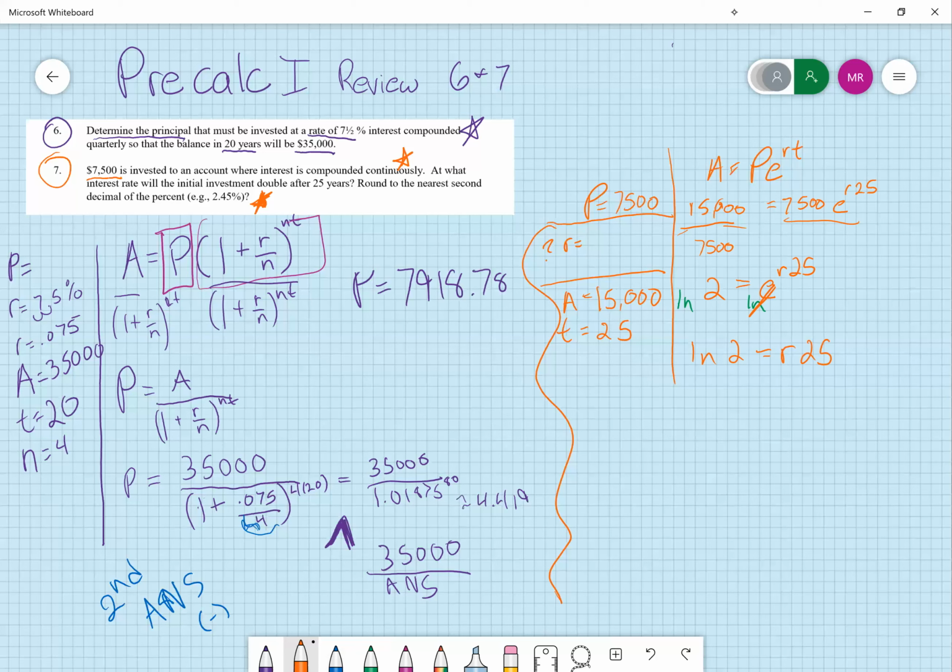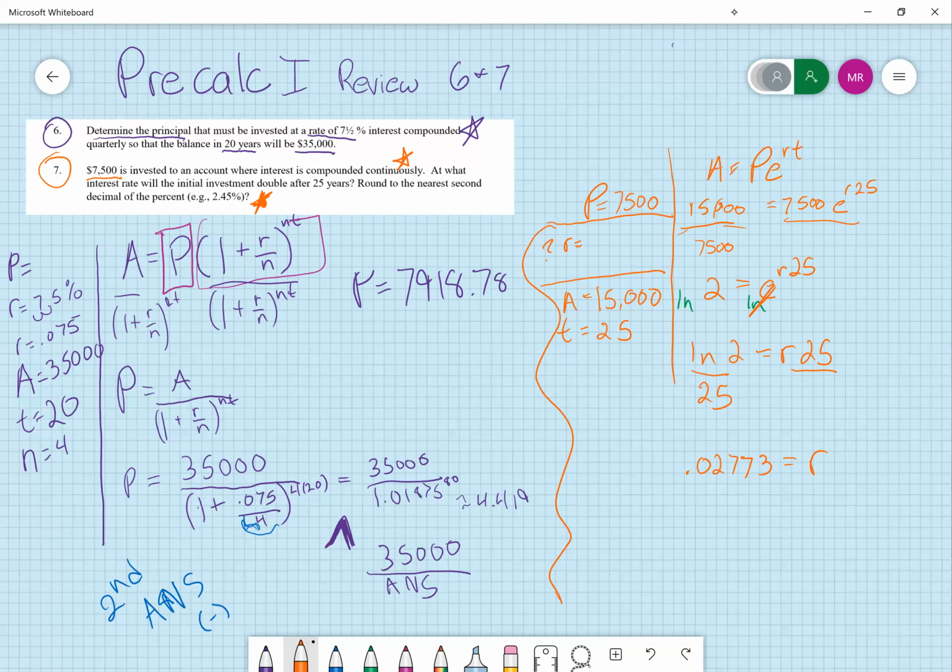Now this makes it pretty easy to solve for R. If I divide each side by 25, that should give me R. In my calculator, I hit ln and 2, which gives me an answer, and I divide by 25. That gets me a decimal of 0.027725, and that equals R. Now remember that this is the decimal.